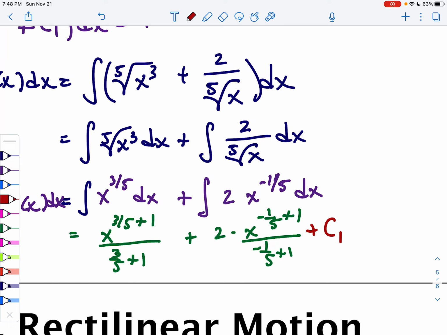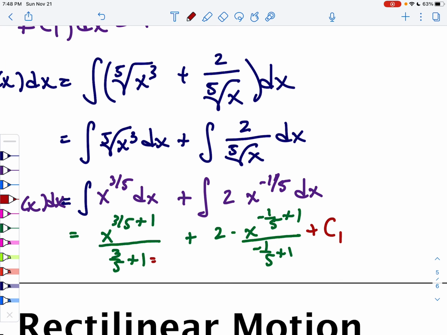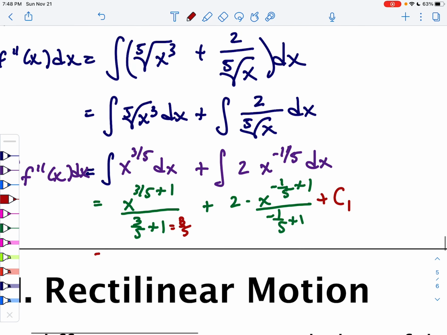I see that 3/5 plus 1 is 1 3/5, and 1 3/5 is going to be 8/5. And division by a fraction is multiplication by the reciprocal. And so I'm going to get here that this is going to be 5/8 times x to the 8/5.